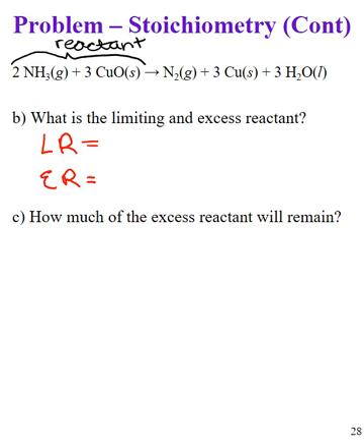So only NH3 and CuO are the ones that we can choose from. Now in the previous problem, which one limited us to how much we could actually make? Was that NH3 or CuO? It was CuO, copper 2 oxide. And our excess one, the one that we can make a lot based off of, is NH3.